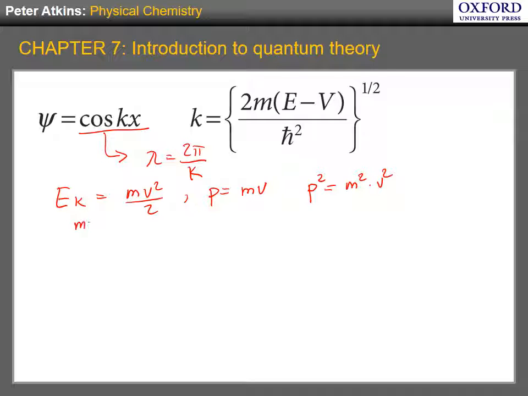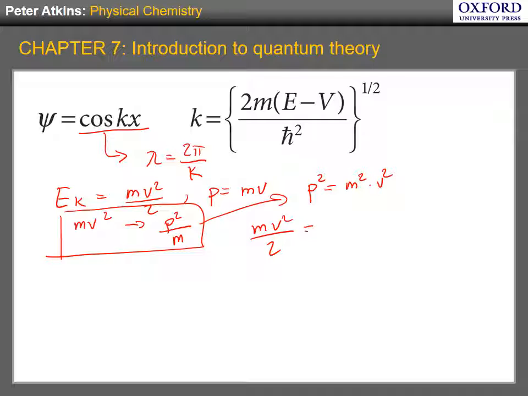So our mv squared is therefore p squared divided by m, right? So then we can say here that mv squared divided by 2, or our kinetic energy, equals p squared divided by 2m. Okay?